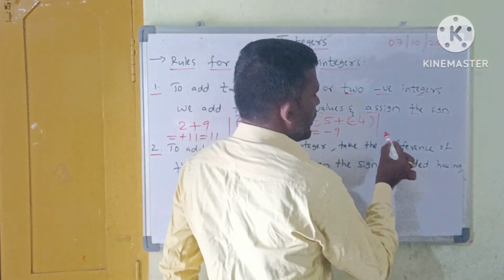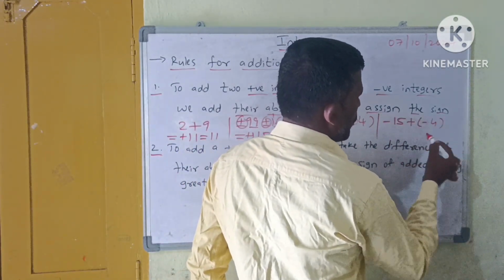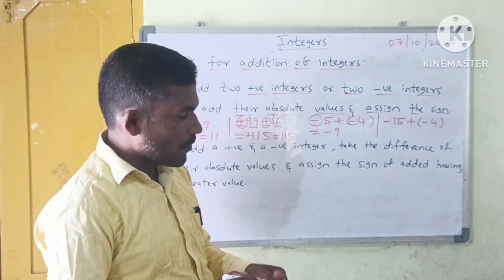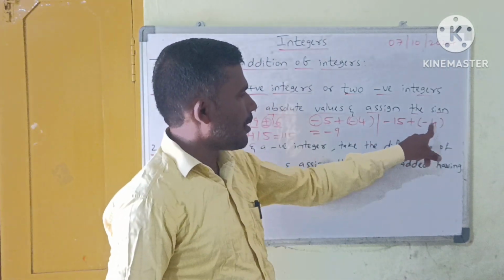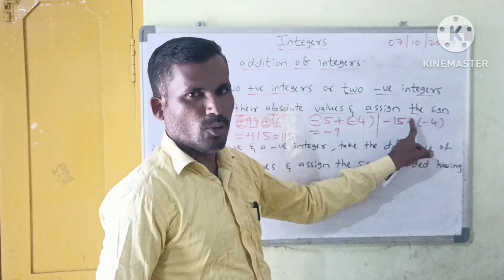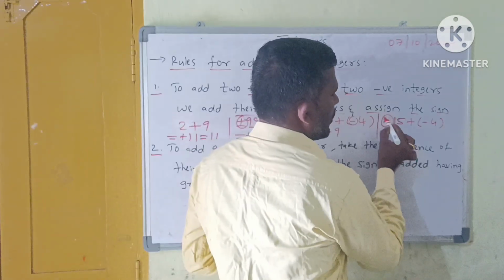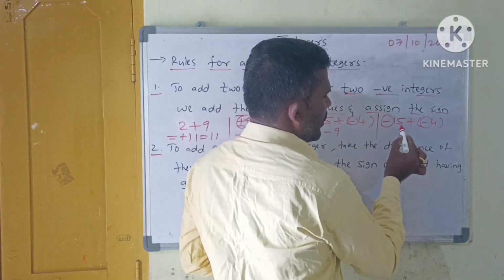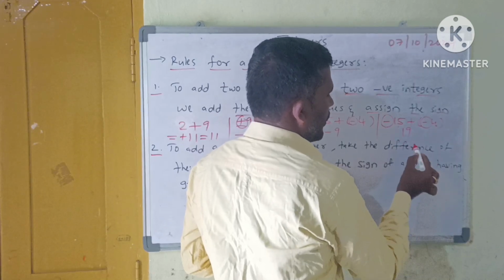Another example: minus 15 plus minus 4. Both are negative integers. While adding, leave the sign, and you get 15 plus 4, which is 19.